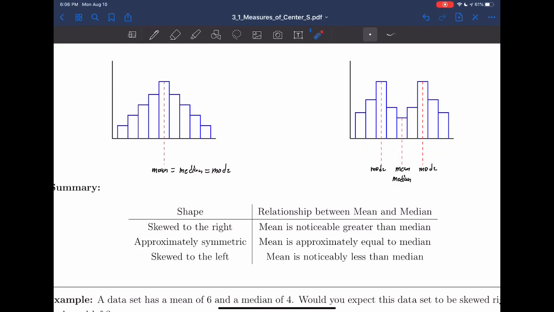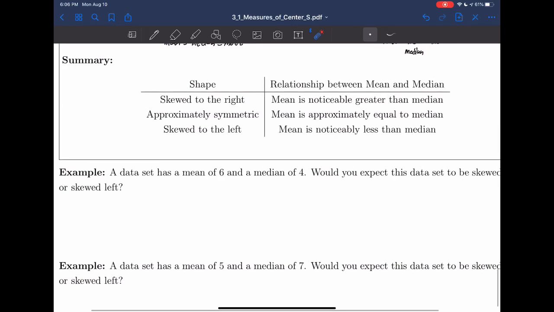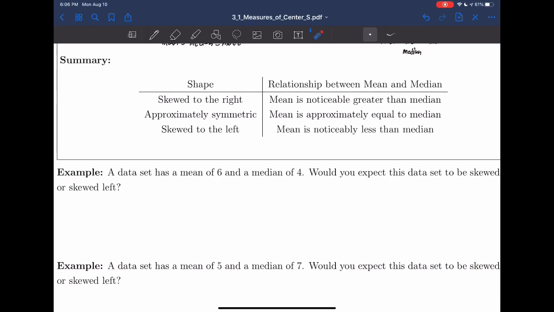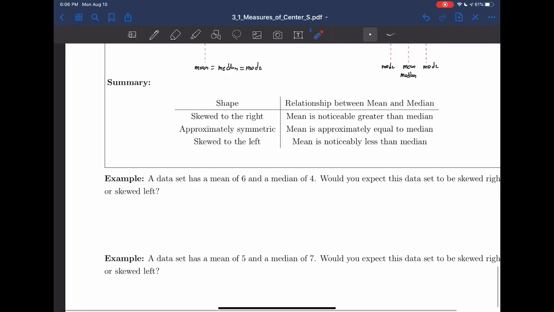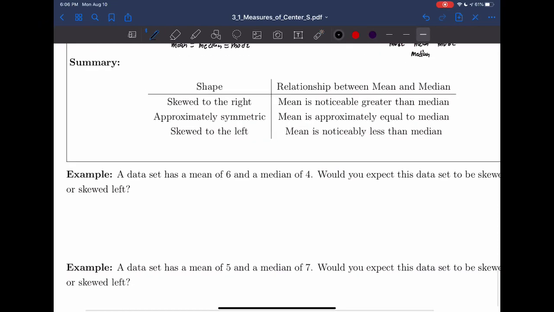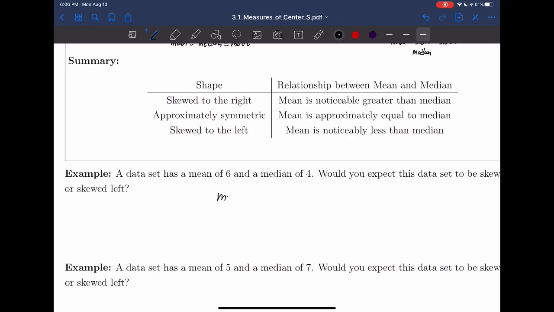So let's go over some examples. Let's say your data has a mean of 6 and a median of 4. Well, we know that your mean, which is 6, is greater than your median, which is equal to 4.